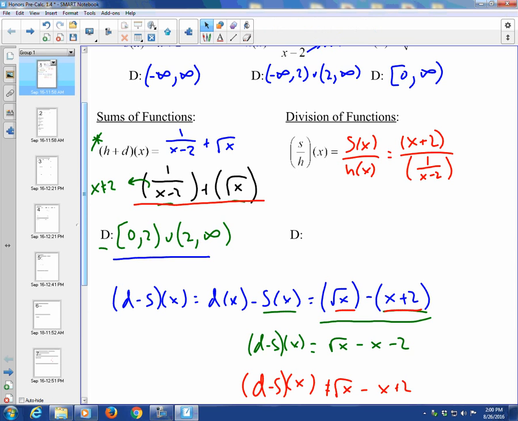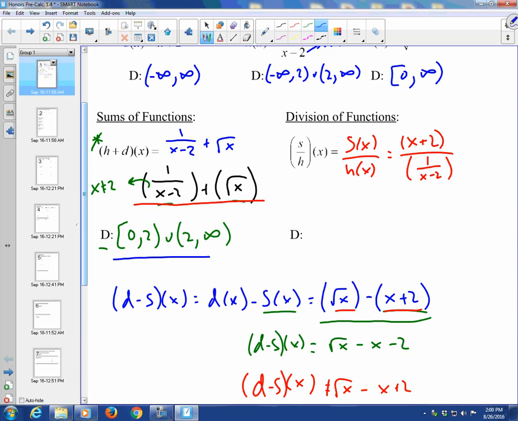Now right here, we're going to evaluate the domain restrictions from each of our parentheses and then identify any additional restrictions that would come from bringing these two equations together with division.